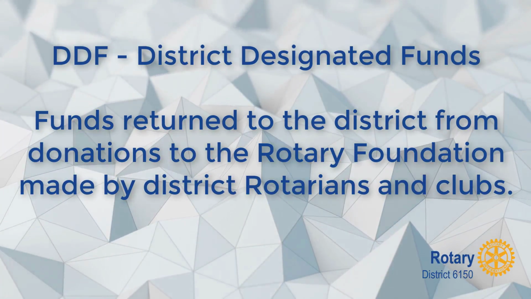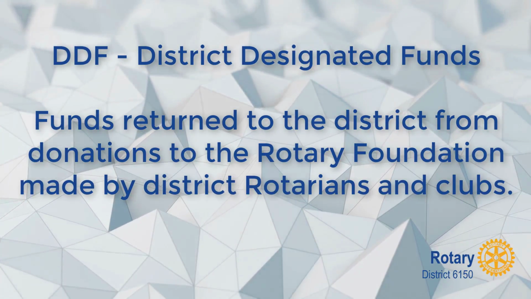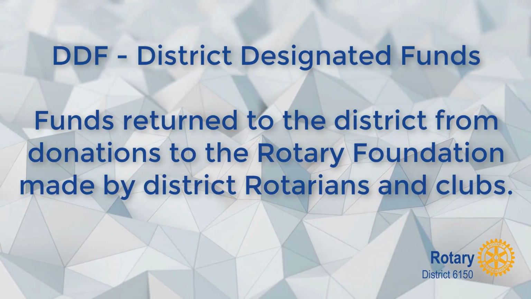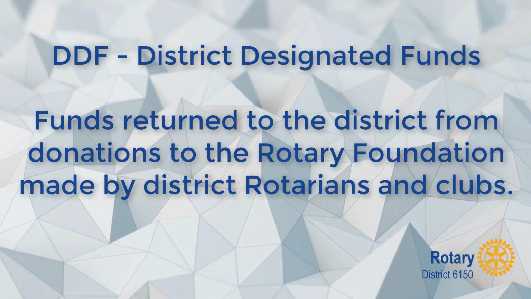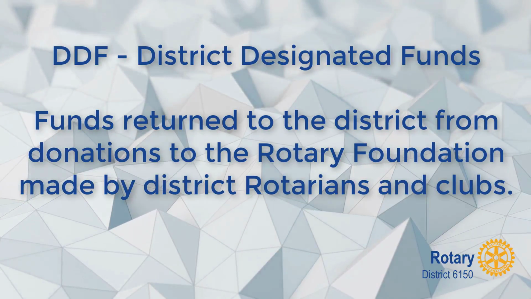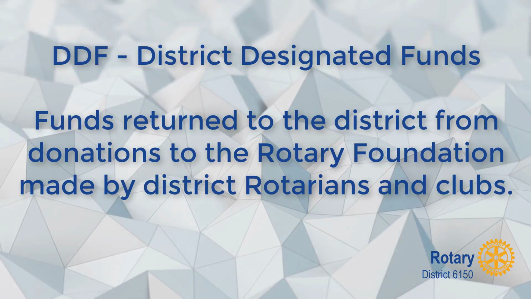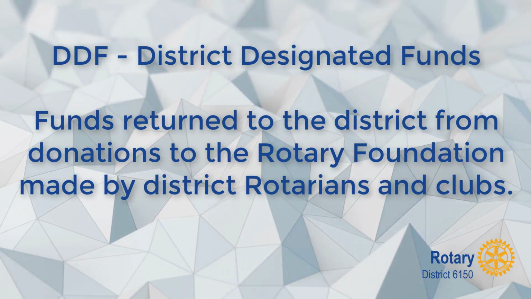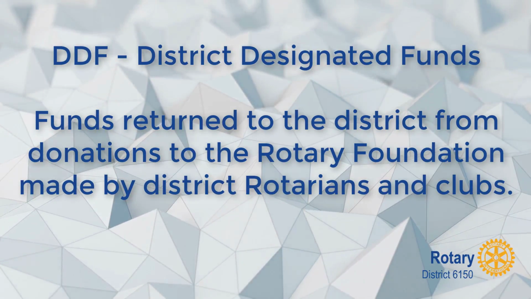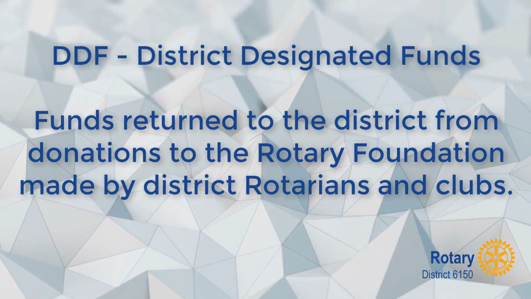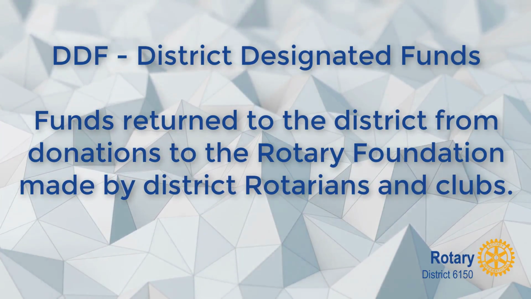For example, this year, 2016-17, we had available $41,653 for the 40 clubs to request district grant funds. For this particular year, we utilized just about all of those funds and granted out the money.